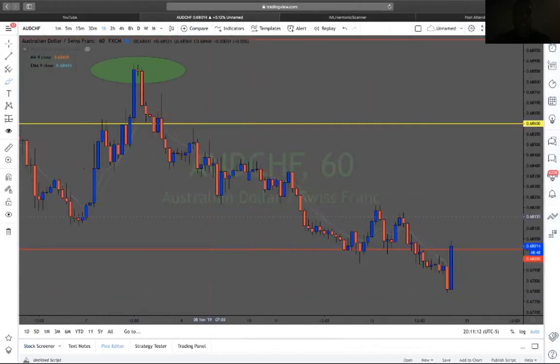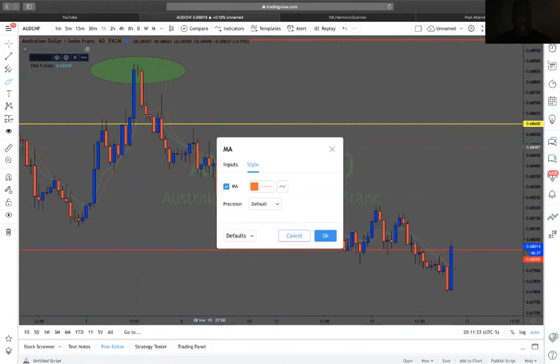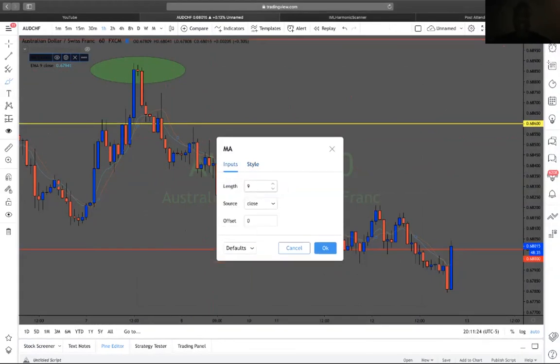Now we're gonna have to modify them. We're gonna go to the first one, which is moving average, and go to settings. For the input, you're gonna change the length from 9 to 4.